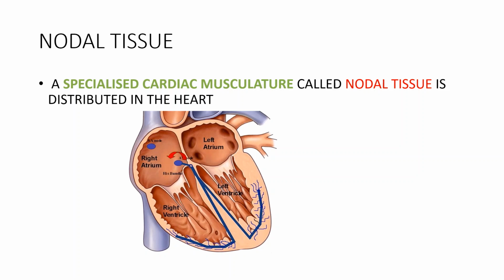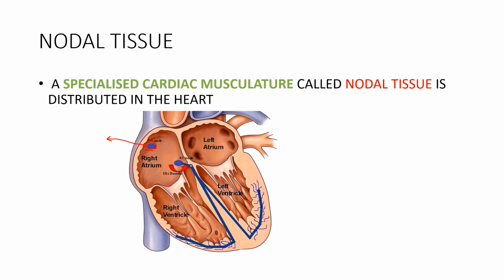We can observe the sinoatrial node, which is located in the upper right corner of the right atrium, near the opening of the superior vena cava into the right atrium.